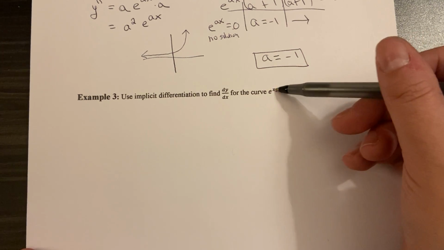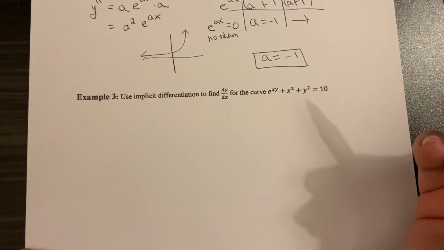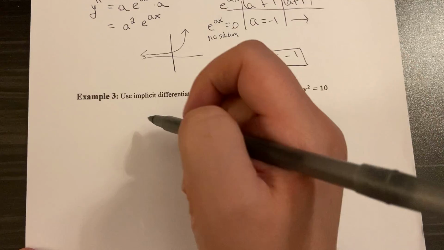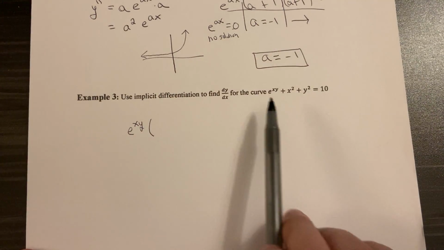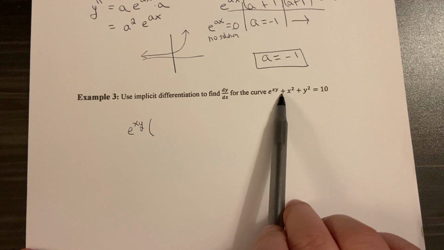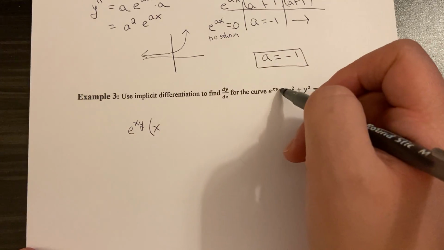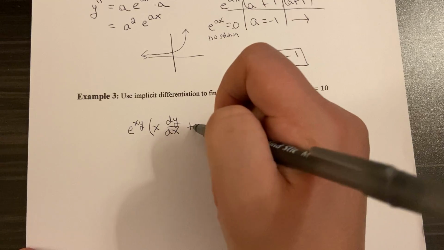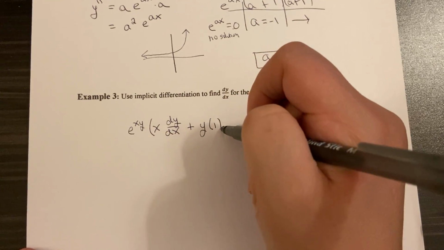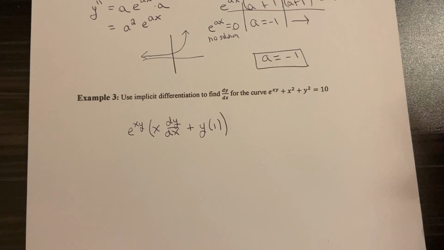We're thinking of this as e to the f of x. So when I differentiate that, I'm going to get e to the xy, but then I've got to times it by the derivative of xy. So the derivative of xy would be x as is, derivative of y is dy/dx, plus y as is times the derivative of x. Okay, that was kind of crazy.